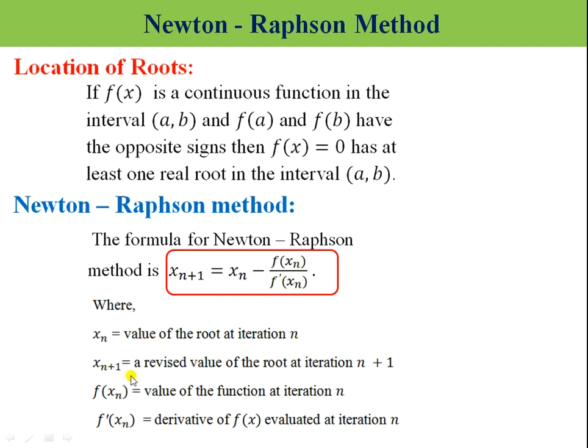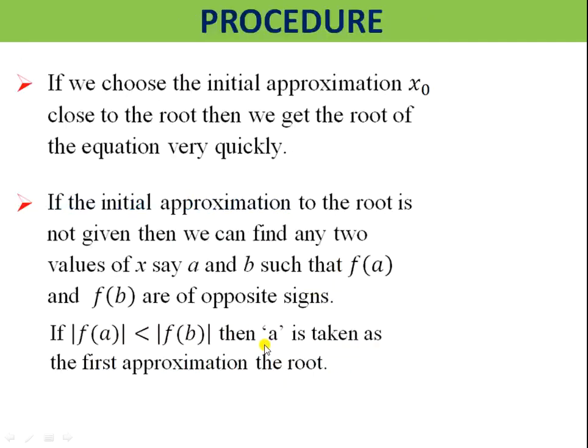Xn plus 1 is the revised value of the root at iteration n plus 1. F of xn is the function at iteration n. F dash of xn is the derivative of f of x evaluated at iteration n. So this is the fundamental formula for the Newton-Raphson method.